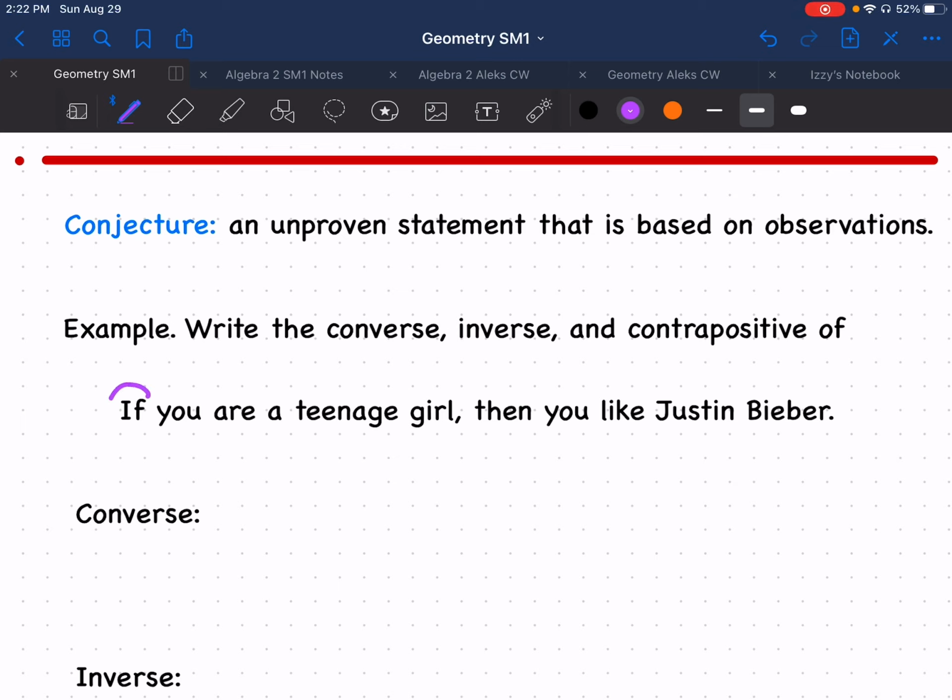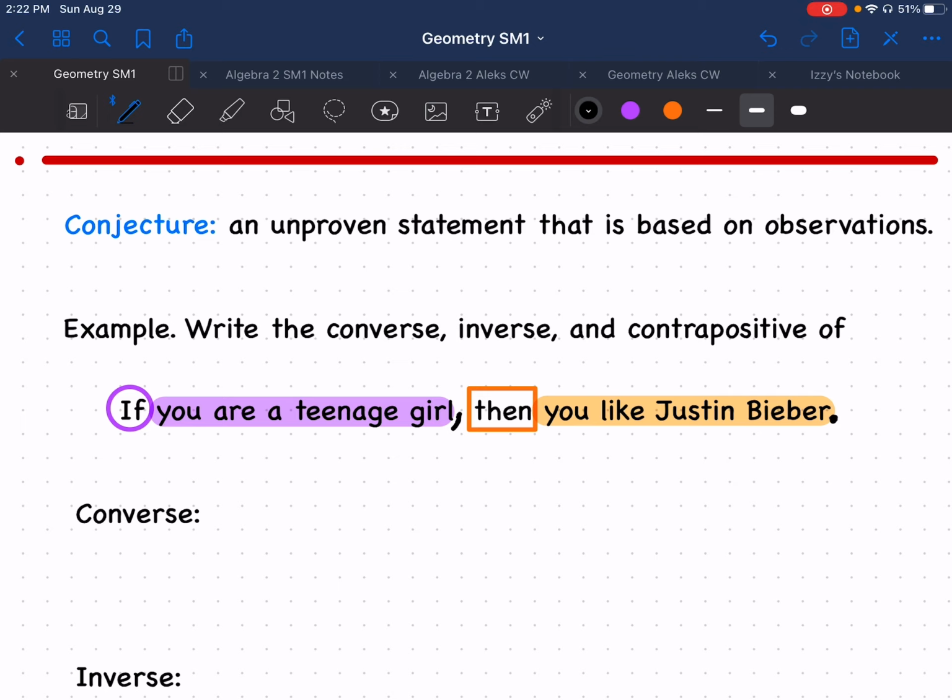So find the word if and highlight until you get to the comma. There it is. Box in the word then with a different color, or just a box is fine. And highlight till you get to the period. Okay, repetition, repetition, repetition. There are my hypothesis and my conclusion. Hypothesis in purple, conclusion in orange.